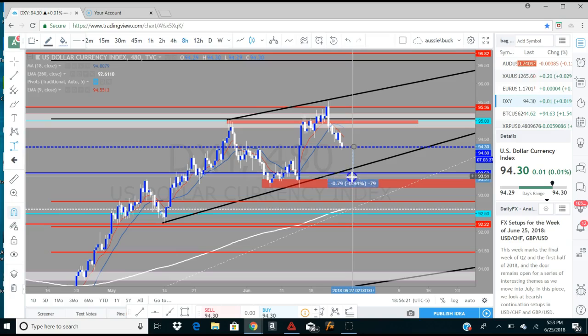Look at that, 60 pips, right about 100 pips to the red box. So this is a lot of pips you can catch if you chose to.